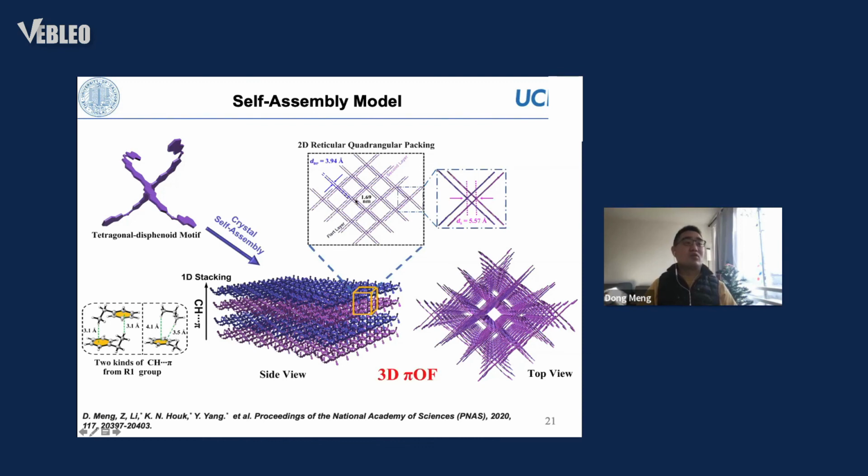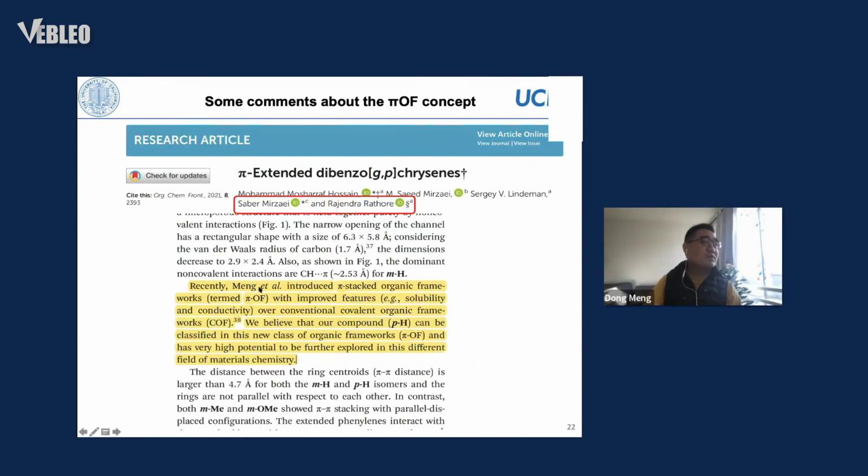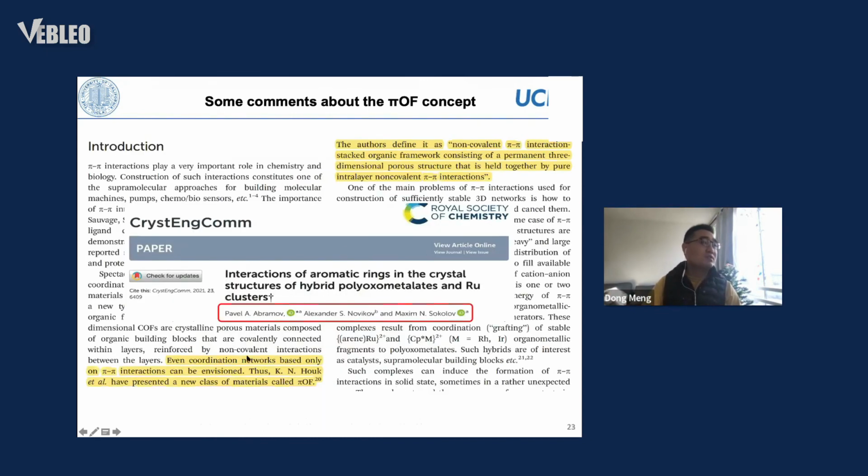So now the whole pore size is maybe 1.2 nanometers, forming the 3D structure. Another group also wrote about our molecule systems belonging to this new class of organic frameworks, which confirms our concept.